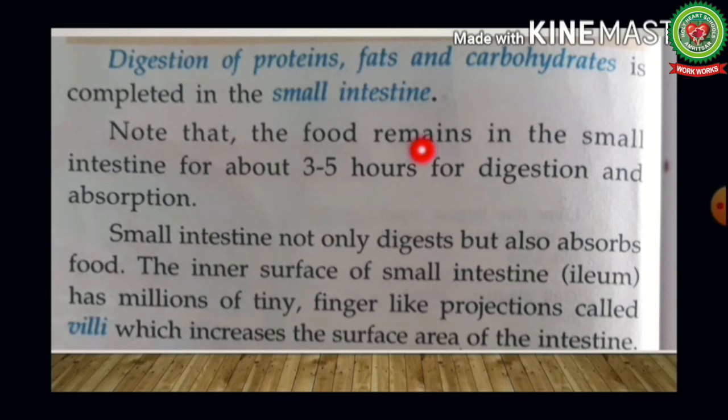Note that the food remains in the small intestine for about 3 to 5 hours for digestion and absorption. The small intestine not only digests but also absorbs food. The inner surface of the small intestine has millions of tiny finger-like projections called villi, which increase the surface area of the intestine.